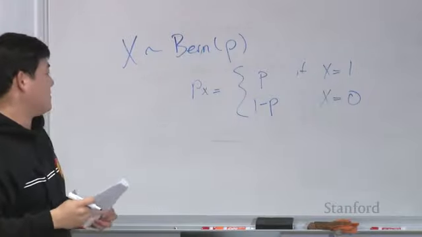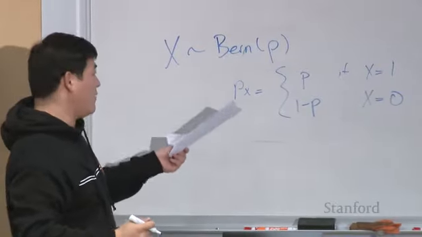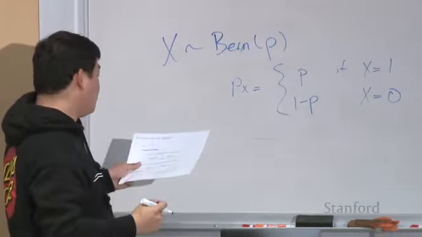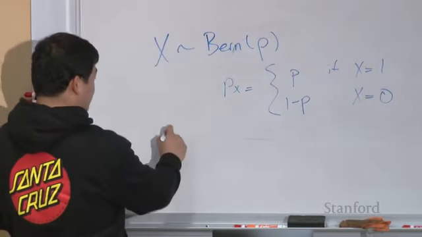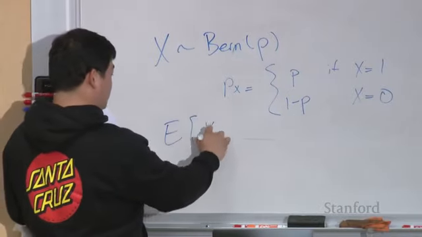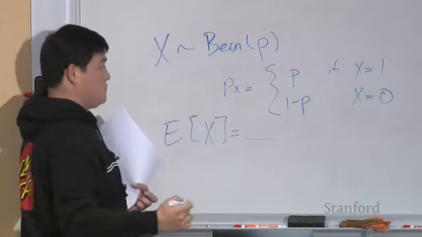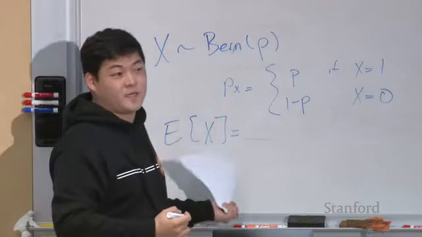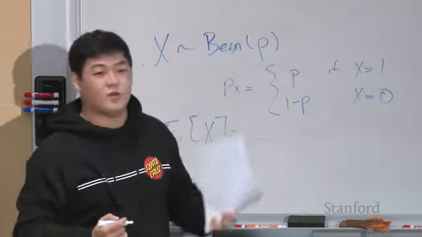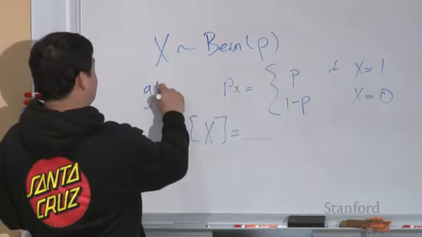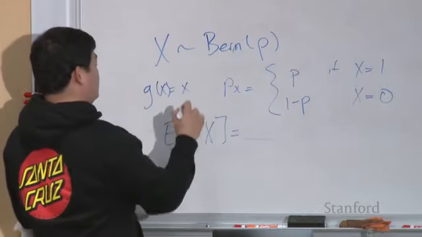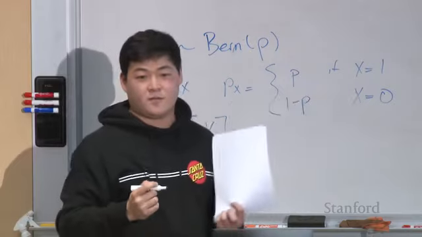Which is exactly telling us the probability of a coin flip. In this case, if we wanted to take the expected value of X, where g of x is just x, how can we compute this expected value? How can we compute that expected value?